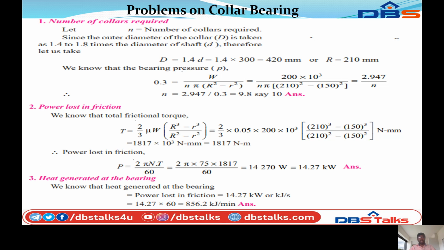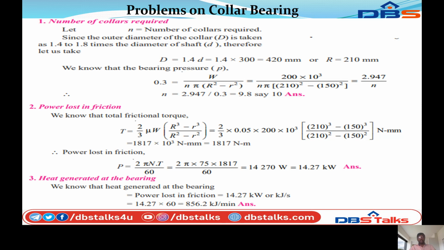Heat generated, next you can calculate the heat generated at the bearing. So we know that heat generated at the bearing equals power loss in friction. So power loss in friction equals 14.27 kilowatts or kilojoule per second.